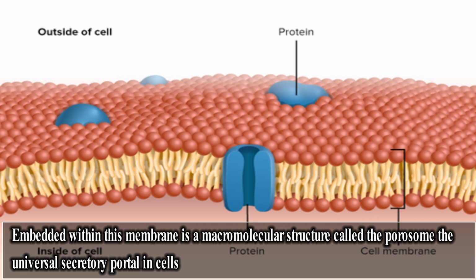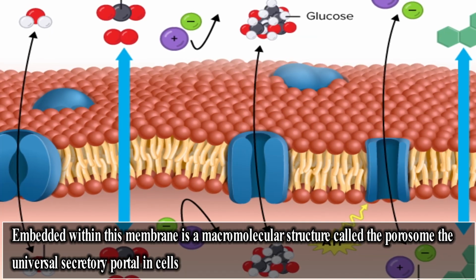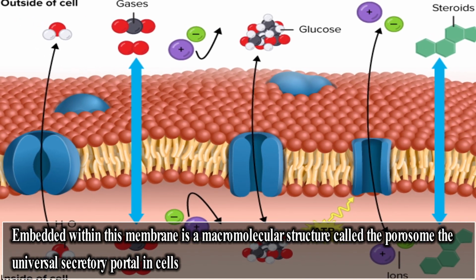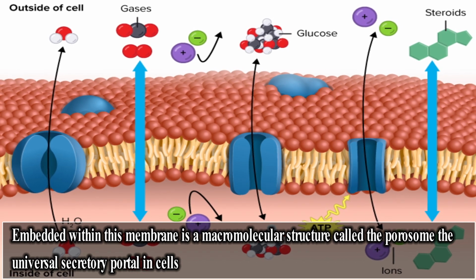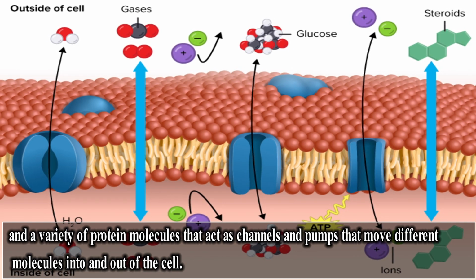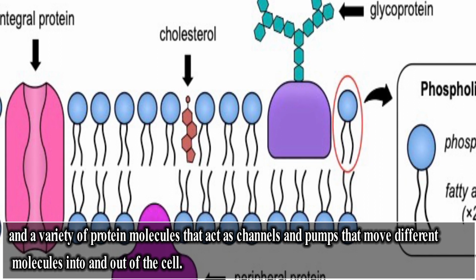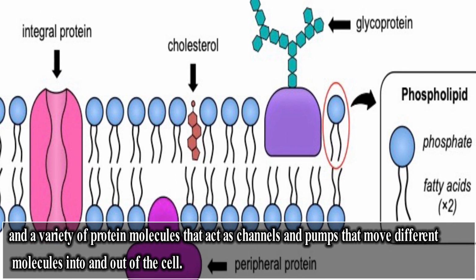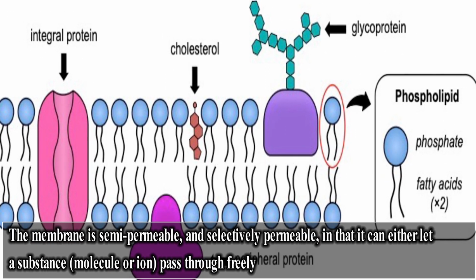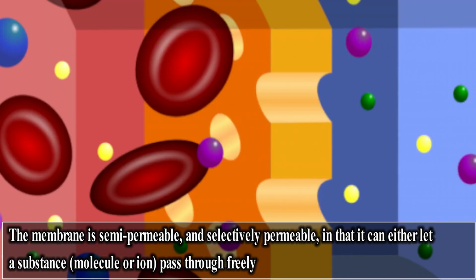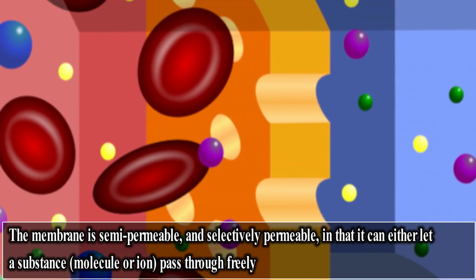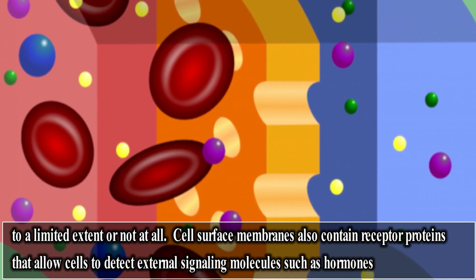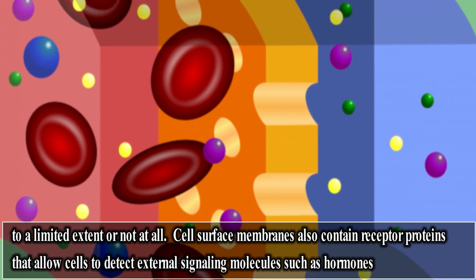Embedded within this membrane are a variety of protein molecules that act as channels and pumps that move different molecules into and out of the cell. The membrane is semi-permeable, or selectively permeable, in that it can either let a substance pass through freely, to a limited extent, or not at all.